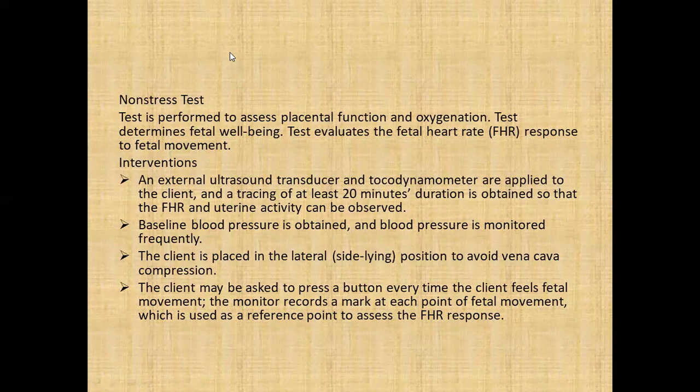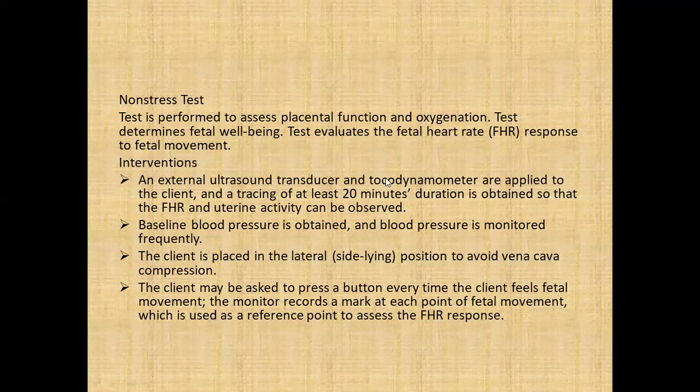All right, so let's look at the non-stress test and its importance when it comes to pregnancy. The non-stress test is done to ascertain if the mother can undergo normal spontaneous vaginal delivery and the baby can also tolerate the stress of labor. It is also to evaluate fetal well-being and how the placenta is supplying oxygen.